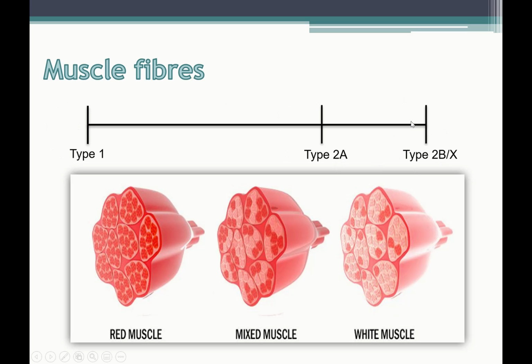Now, what we do have is a sliding scale where some fibers can have mixed qualities, and these are referred to as hybrid fibers. So if we take, for example, a fiber which is say 80% type 1 and 20% type 2A, then it would exist somewhere around here on the scale.